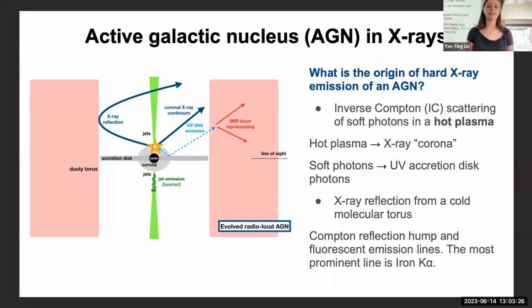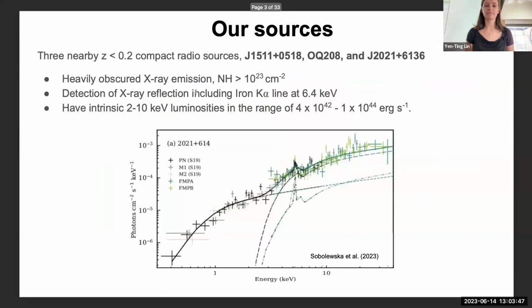Then they are scattered in the corona. Part of the emission is just emitted as an X-ray continuum, and part of it is reflected in the dusty torus, which adds reflection features in the X-ray spectra, such as the Compton reflection hump and fluorescence lines, of which the most prominent is the iron line.